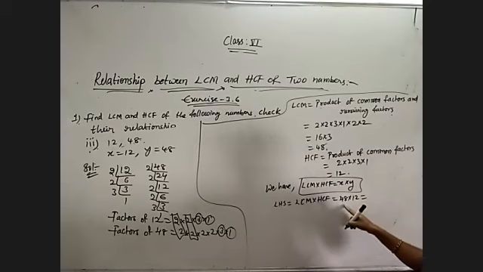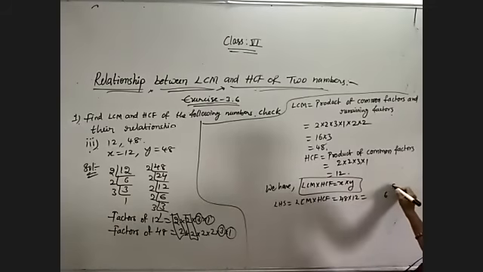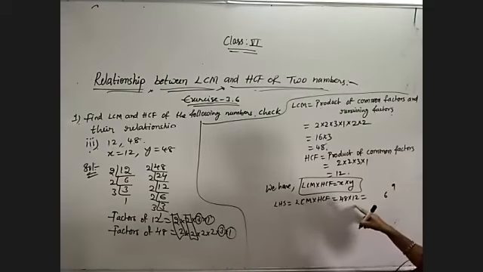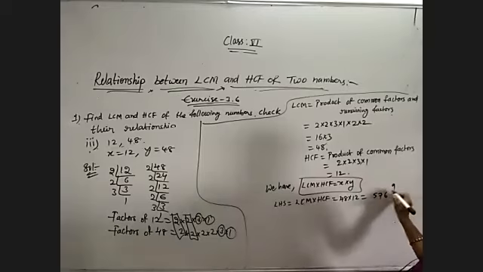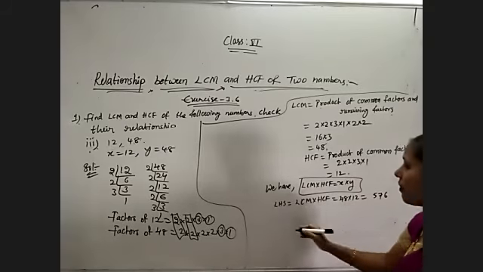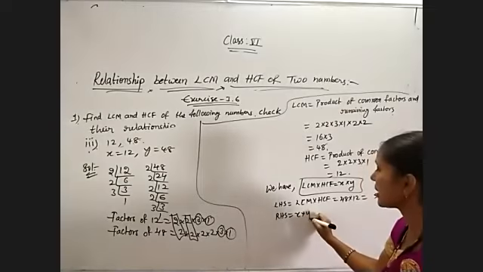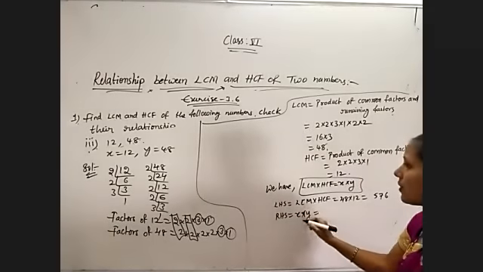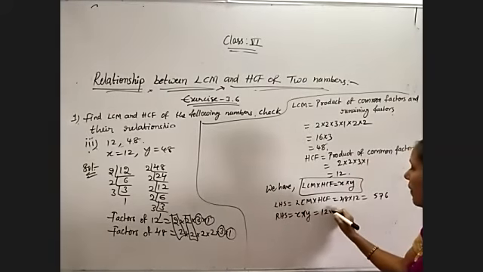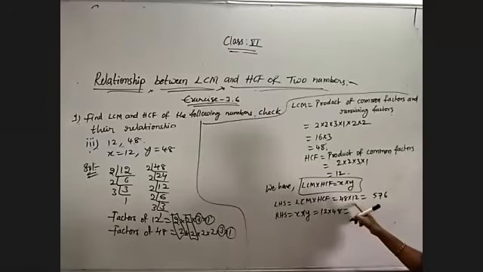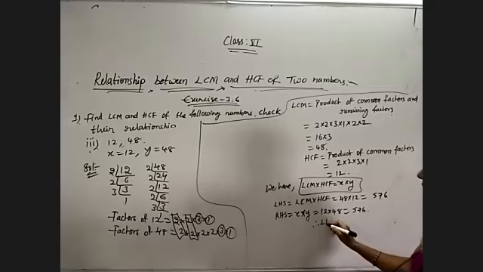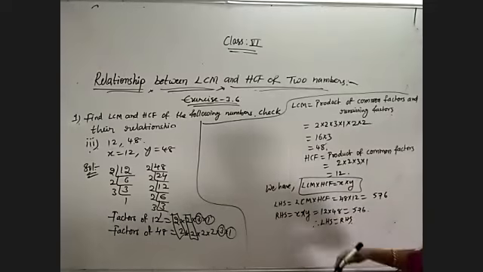So 12 8s are 96, 12 4s are 48, 48 plus 96 is 576. Find out RHS. RHS is the product of those two numbers, x into y. The x value is 12 and the y value is 48. 12 into 48, both are equal. That is 576 only. Therefore, LHS is equal to RHS. Whatever we have verified and whatever values we got, all are correct.